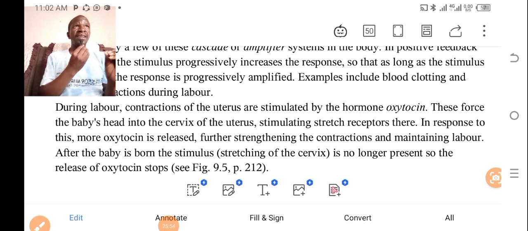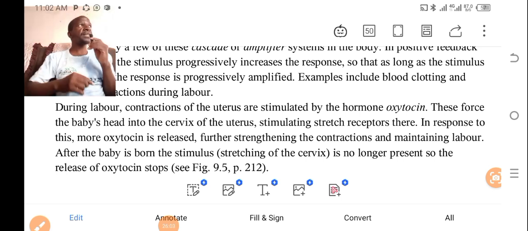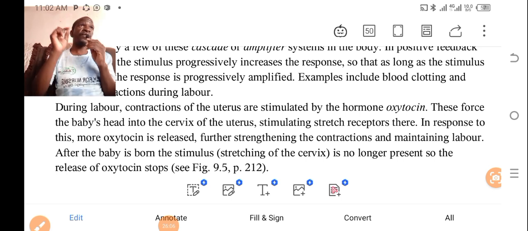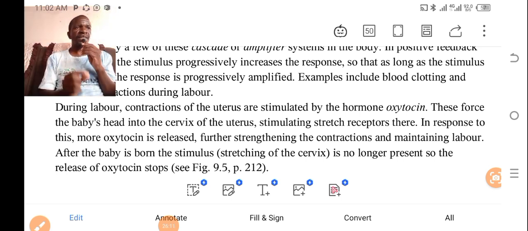So what is the summary of homeostasis, negative feedback mechanism, and positive feedback mechanism? We have learned that homeostasis is a process whereby the conditions of the internal environment are monitored and maintained within narrowly controlled limits, right? That is homeostasis.